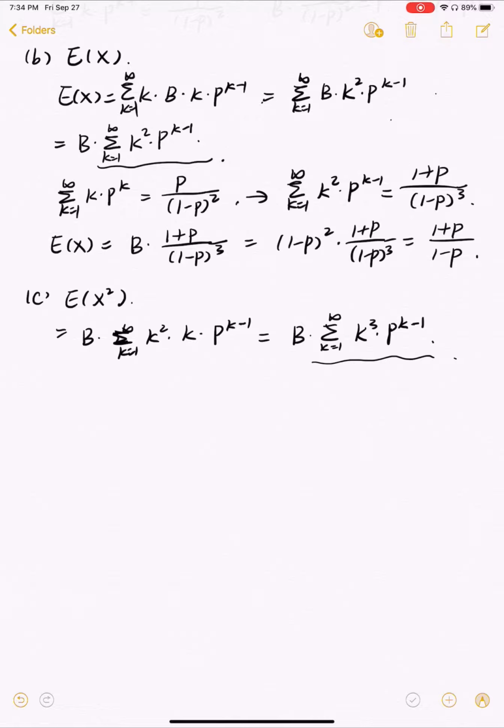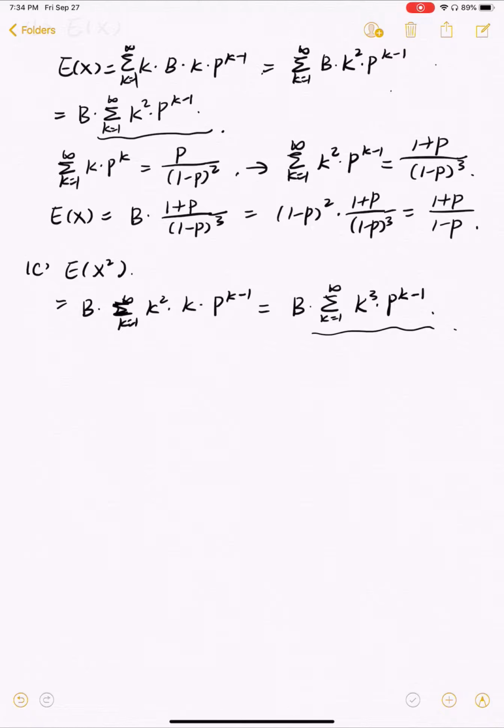So we need to solve this part. This part we should use the information we got in the second question. We have known that the sum of k squared multiplied by p to the power of k is p multiplied by 1 plus p, divided by 1 minus p to the power of 3, which is p plus p to the power of 2 divided by 1 minus p to the power of 3.